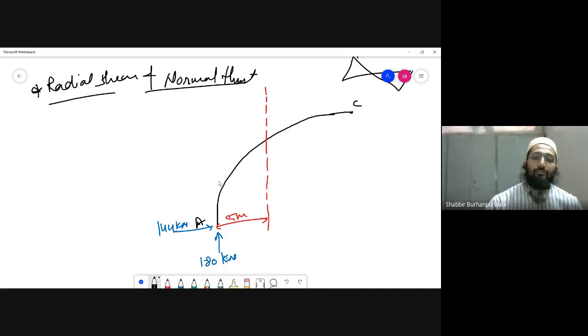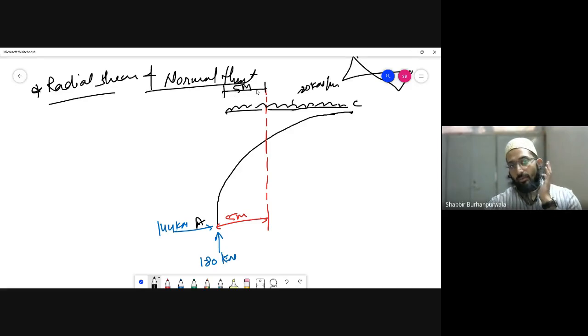Now over here there is a UDL which is acting from A point to this point, intensity of 20 kilonewton per meter. But try to understand only this much part of UDL is important for us. हाँ? ये 5 मीटर वाला पार्ट ही important है अभी, ठीक है?